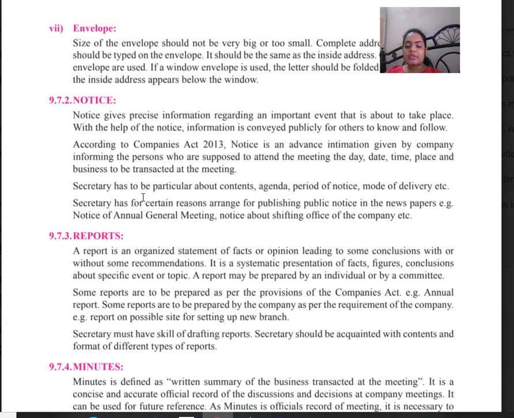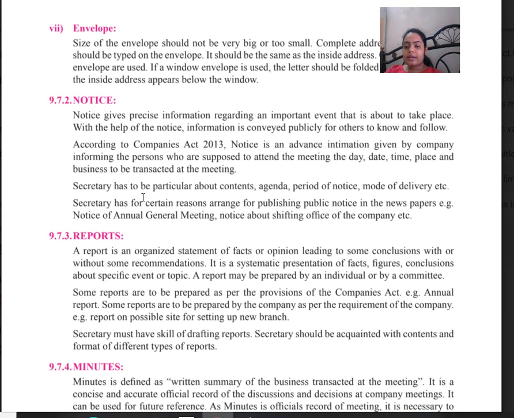The secretary must have the skill of drafting reports and should be acquainted with the contents and format of different types of reports. So, reports cover whatever has happened in the past period, a systematic presentation of facts, figures, and conclusions about specific events or topics that have taken place in the company. A report may be prepared by an individual or by a committee, whoever is responsible.